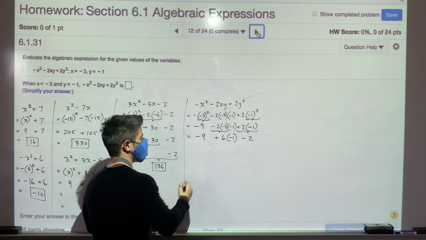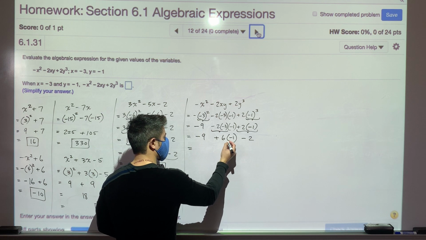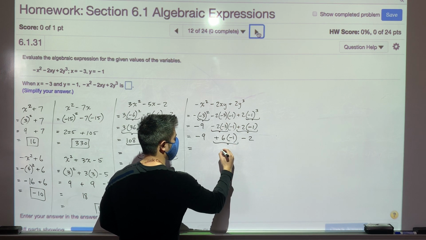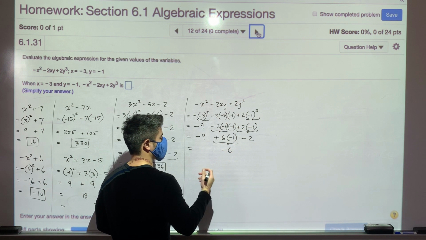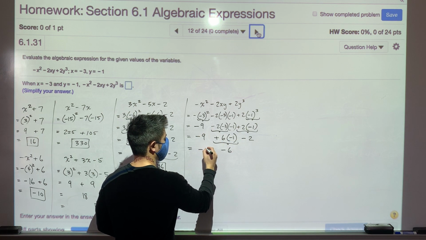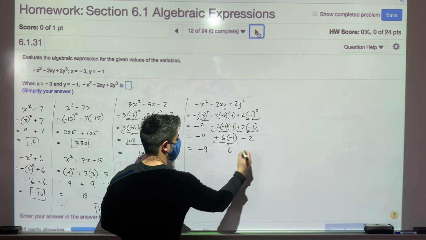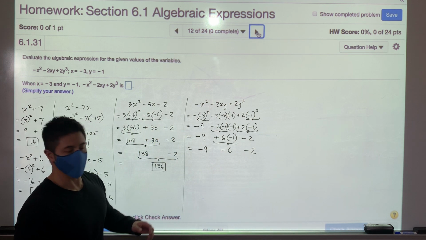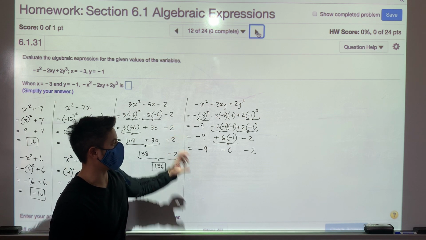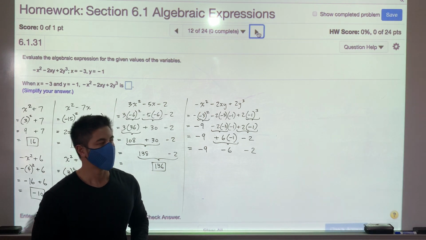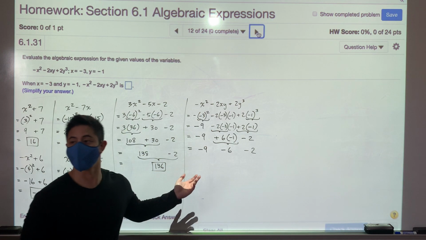But I still have a little bit of multiplication left, which is right here, +6 times -1, which is going to be a -6. What saves me is that I always write down all of the signs as I move along. -9, -6, -2. And now, in these two steps, I've now taken care of all of the multiplication in that problem.